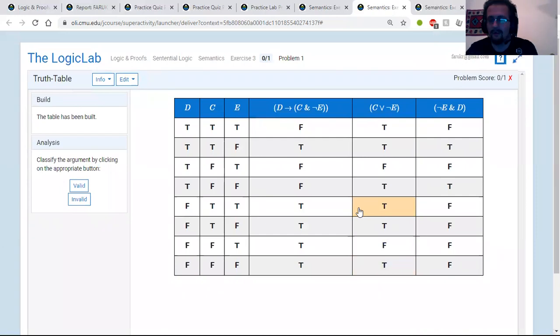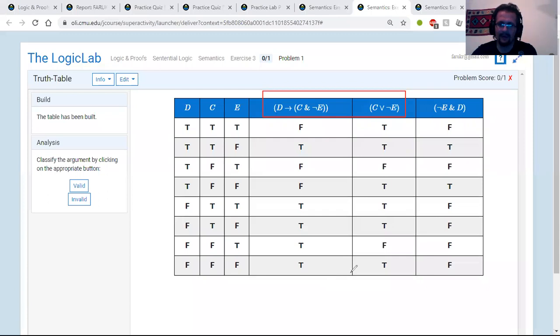Okay, so an argument is valid only if when you have true premises, you end up with true conclusions. So you want to look at these two rows up here. Okay, you want to look at these two rows. And anytime that both of the premises are true, you need a conclusion to also be true.